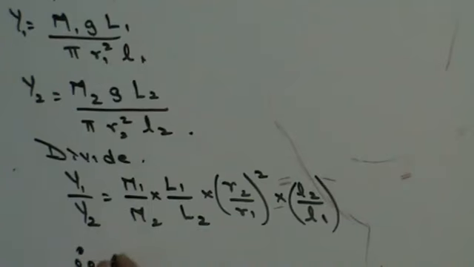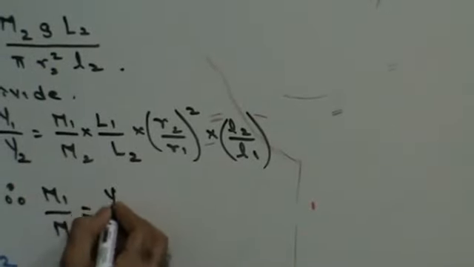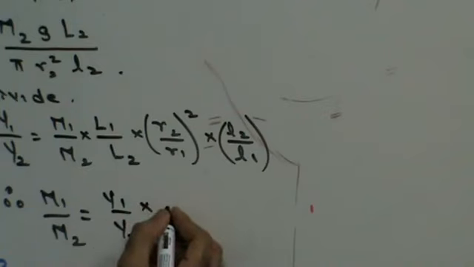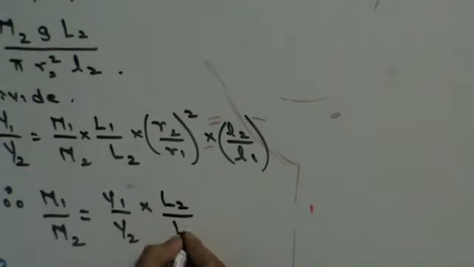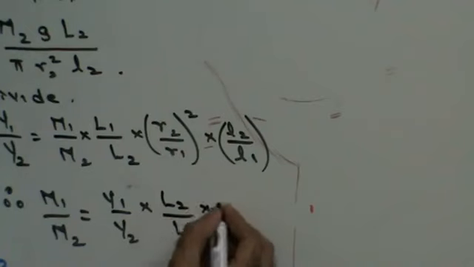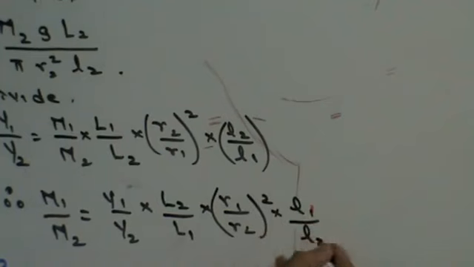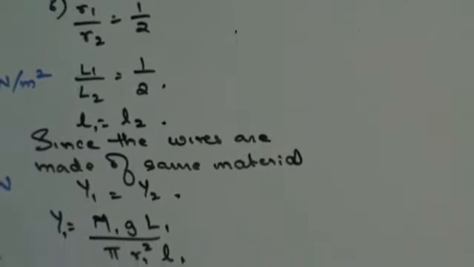Therefore, you can say that M1 upon M2 is nothing but Y1 upon Y2 into L2 upon L1 into R1 upon R2 the whole square into l1 upon l2. Substitute the values, you have all the values given to you, in which case you should get the answer for this as 1:2. Right? Take down next one please.